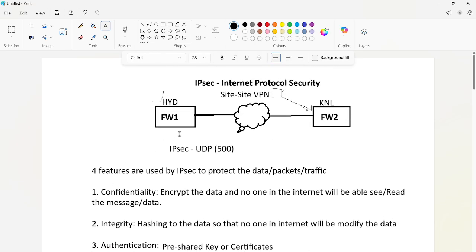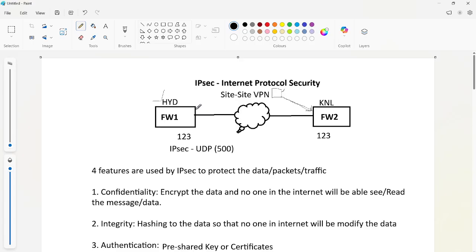Whenever we are sending information from here, this firewall will attach one sequence number to it. Firewall 1 and firewall 2 will negotiate the same sequence number. Let's assume we have 123 as the sequence number. Firewall 1 and firewall 2 both contain the same sequence number. Let's assume you are sending information from firewall 1.